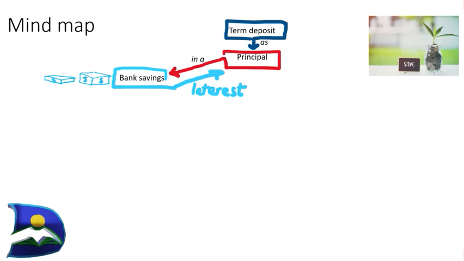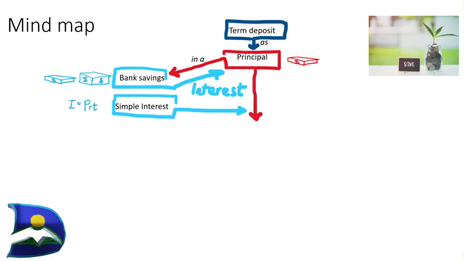And the interest comes in two ways. One is the simple interest, which is a formula where your principal is multiplied by the rate and time. Speaking of the principal, we have the money, and this is influenced by how many times that interest is added to the principal over X amount of years.